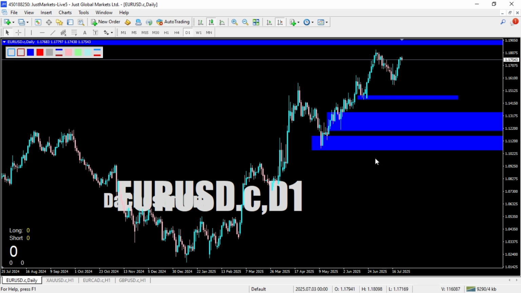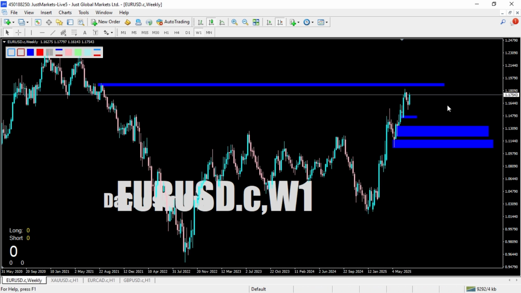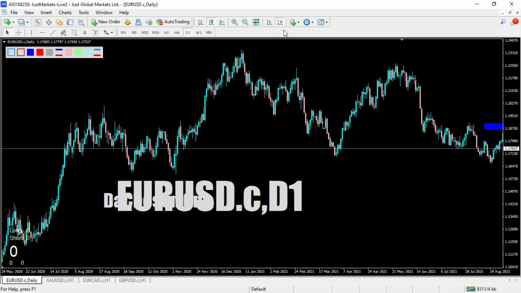As you can all see, when we move from the weekly, price is bullish. It hasn't yet reached our danger zone here, which is our supply area, meaning it is still in a bullish momentum. It is still safe for us to look for bullish opportunities.